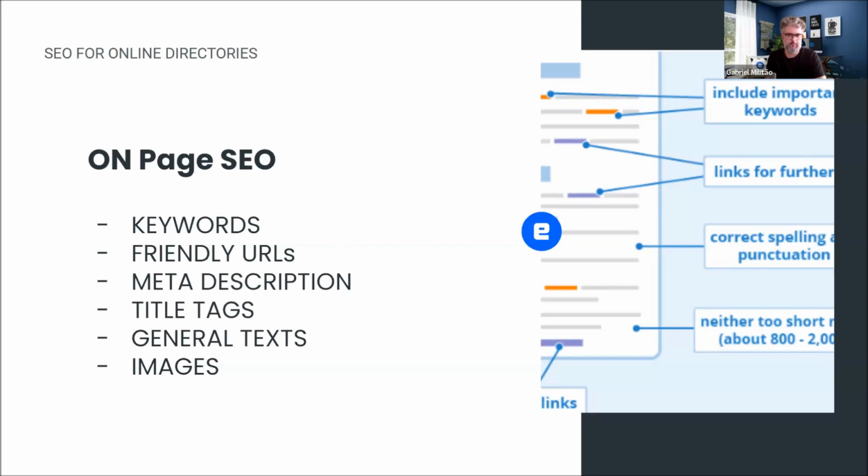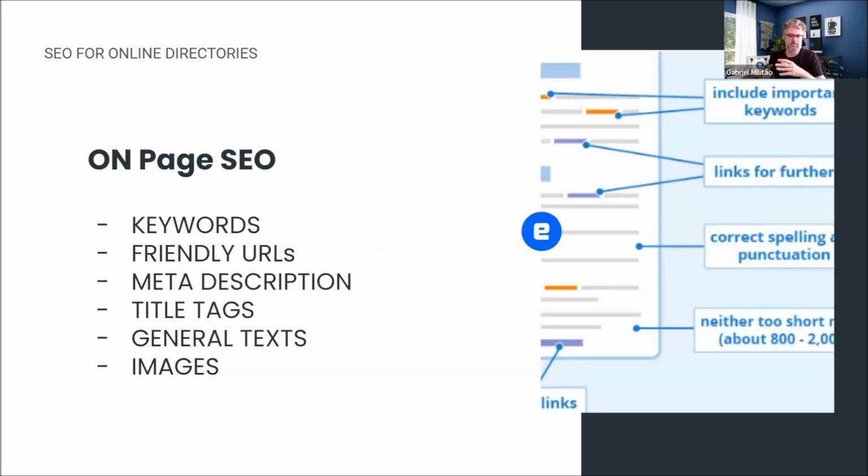The keywords I will talk about in a moment, but I want to talk about friendly URLs. A friendly URL is a descriptive and easy to read URL. It includes relevant keywords that are linked to your content. Let's say you have a listing with a URL that has a bunch of text or numbers that doesn't mean anything.